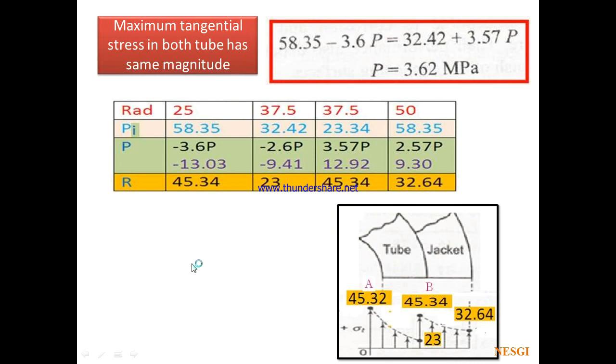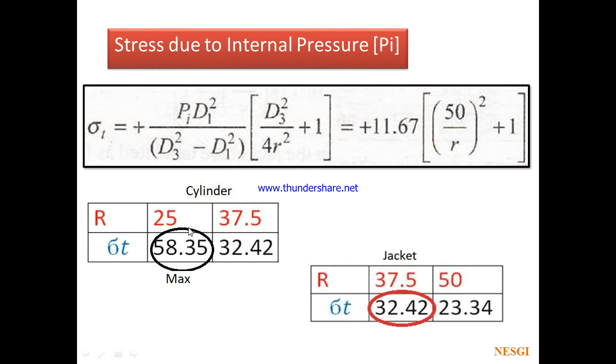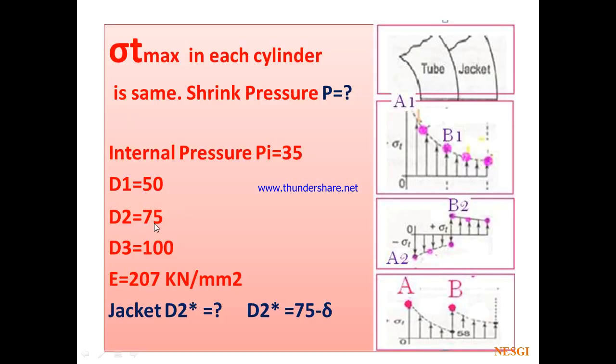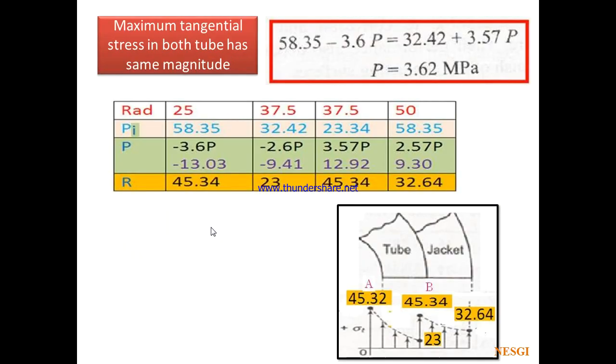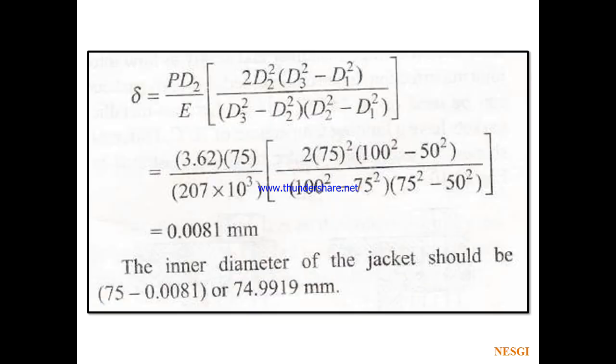D2 value is given in the problem, it is 75 mm. So the inner diameter of the jacket before assembly is equal to 75 minus delta, 75 minus 0.0081, which is equal to 74.9919 mm.